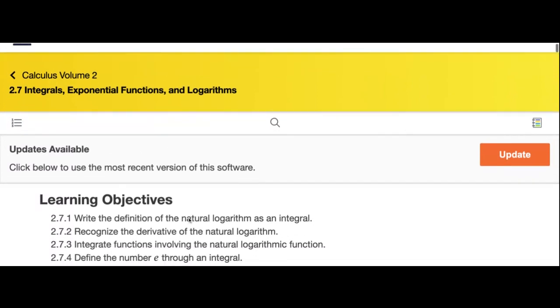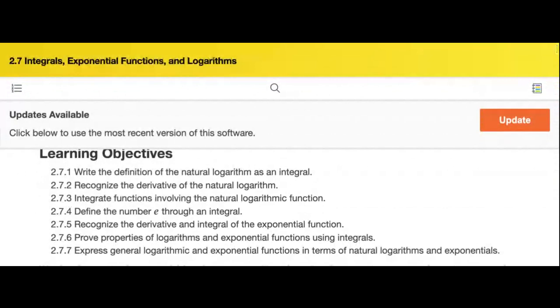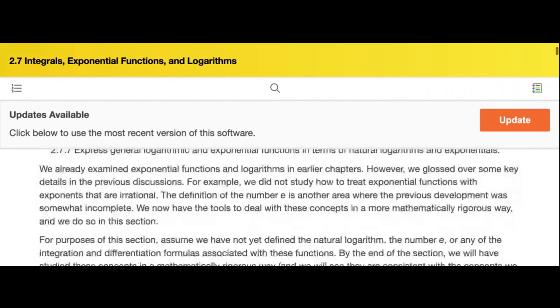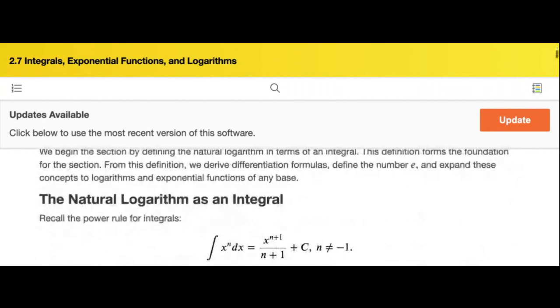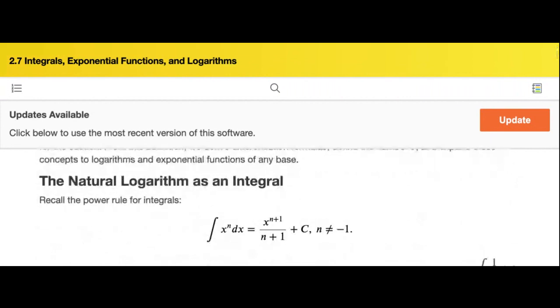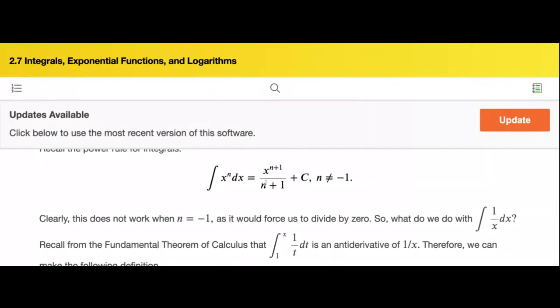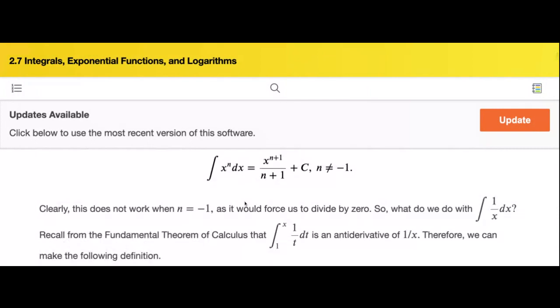So skipping 2.5, 2.6. So 2.4 is dealing with natural logs. So natural log as an integral from the anti-differentiate of the power rule is this, right?